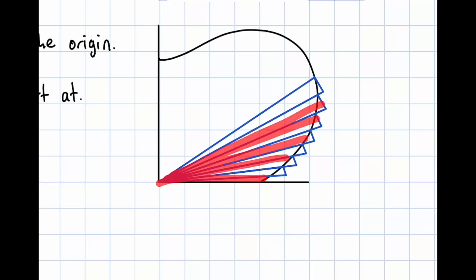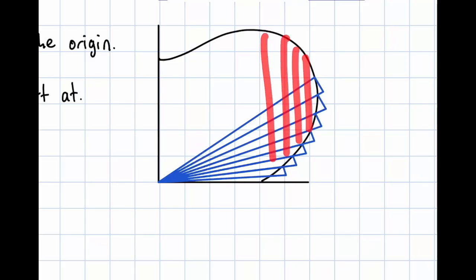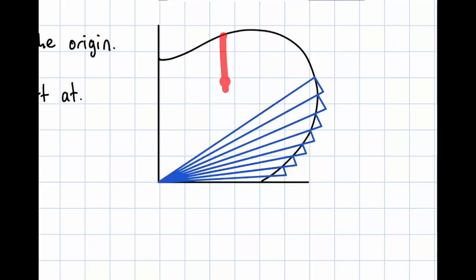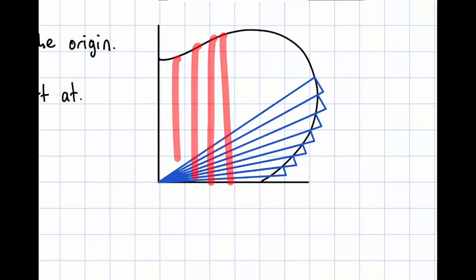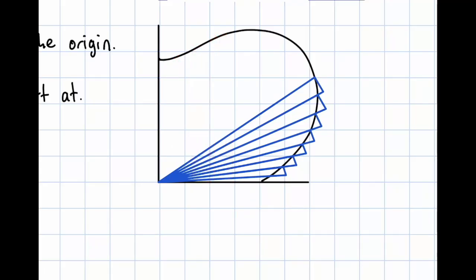All of these areas added up would give us the full area under the curve. We don't go up and down like in rectangular coordinates because that would be complicated over here, because you have an up and a down. But also this is just not how our system works. In our system, we start at an angle and we go out r length. All of these things combined give us the area under this curve.